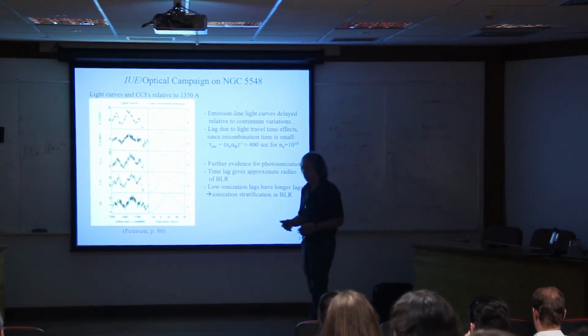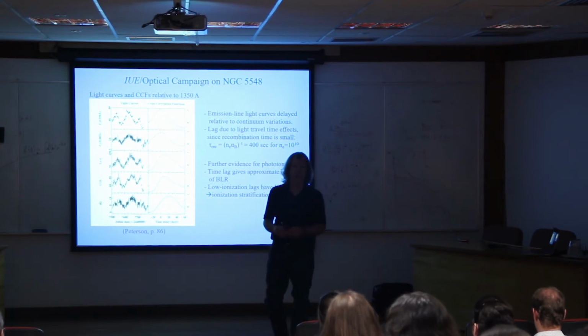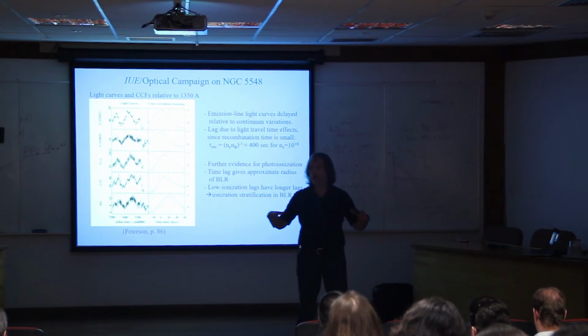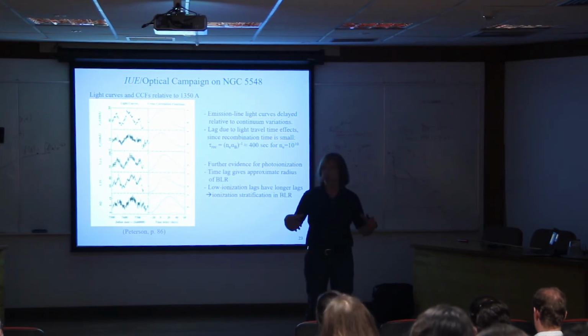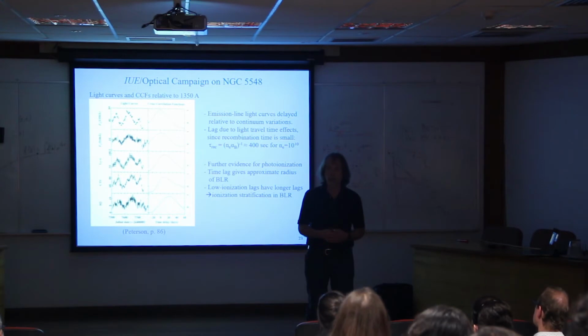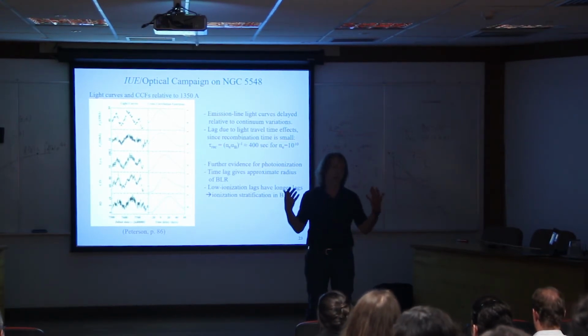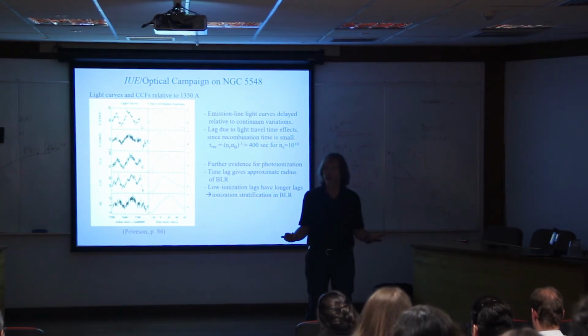So if you look at this, and this is something I'm going to talk about next lecture, which is photoionization processes. You've got an accretion disk that's emitting ultraviolet and X-ray photons. That radiation is intercepted by gas, either close or far away from the system. The more radiation you have, the more highly ionized the gas is. The less radiation, the less ionized the gas is.